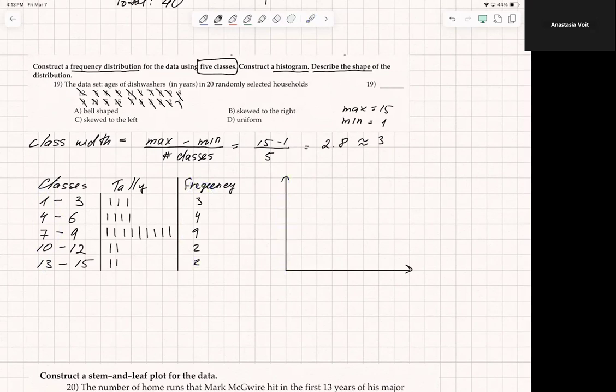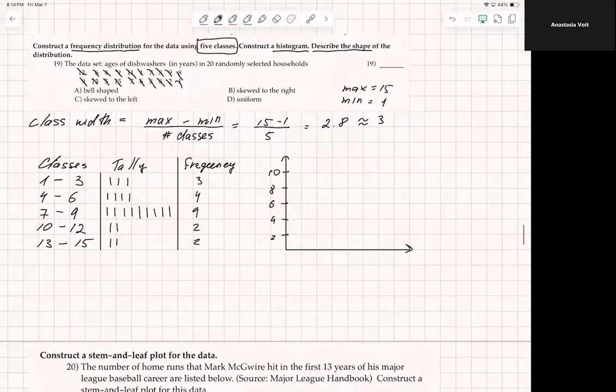For the frequencies, I think it's not a bad idea to go by 2. So we have 2, 4, 6, 8, and 10, right? And the classes, we will start with 1, 4, 7, 10, and 13.